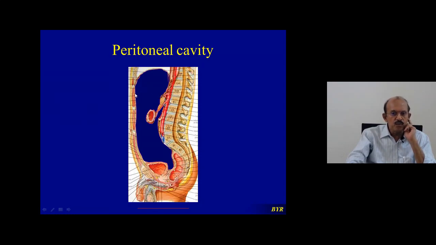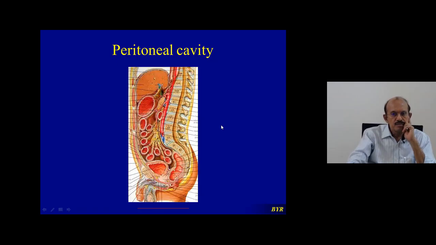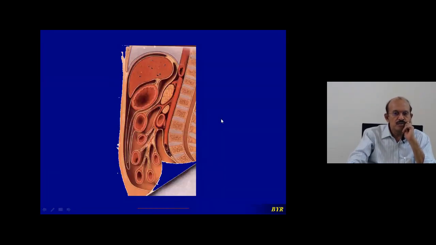One is the part which lines the abdominal cavity, that is called the parietal peritoneum. The other one is the visceral peritoneum, that means the part which lines the mesentery and the bowel. So this is the visceral peritoneum, and this is the parietal peritoneum. This is how the mesentery has formed.